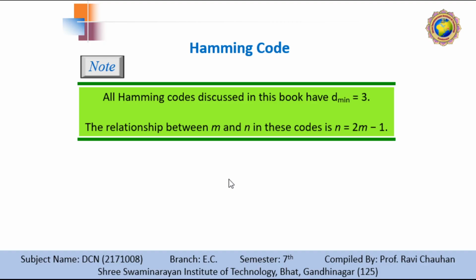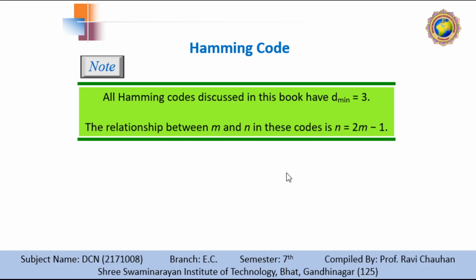First, let us find the relationship between n and k in a Hamming code. We need to choose an integer m equal to or greater than 3. The values of n and k are then calculated from m: n is equal to 2 raised to m minus 1, which is a power of 2 minus 1, and k is equal to n minus m.